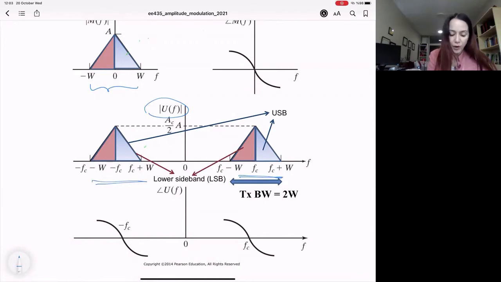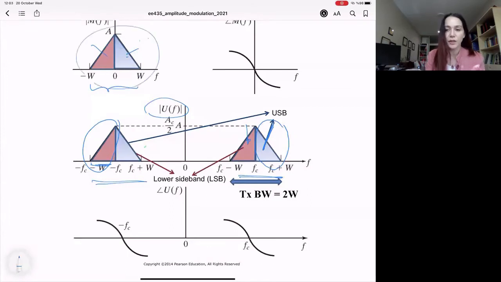Now focus on the blue part and the red part. You see that this blue part has come here. This red part is below fc, but there's another red part below negative fc. Now, in principle, if we only had this blue part and this red part, we would have enough information to reconstruct the original signal.